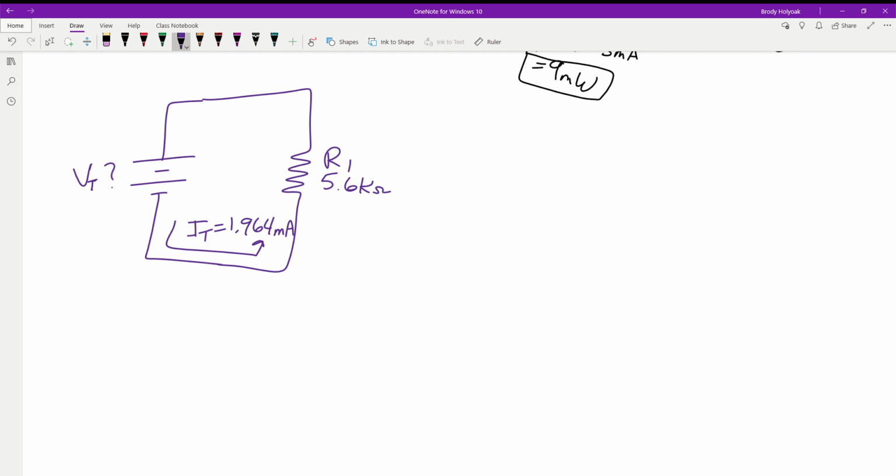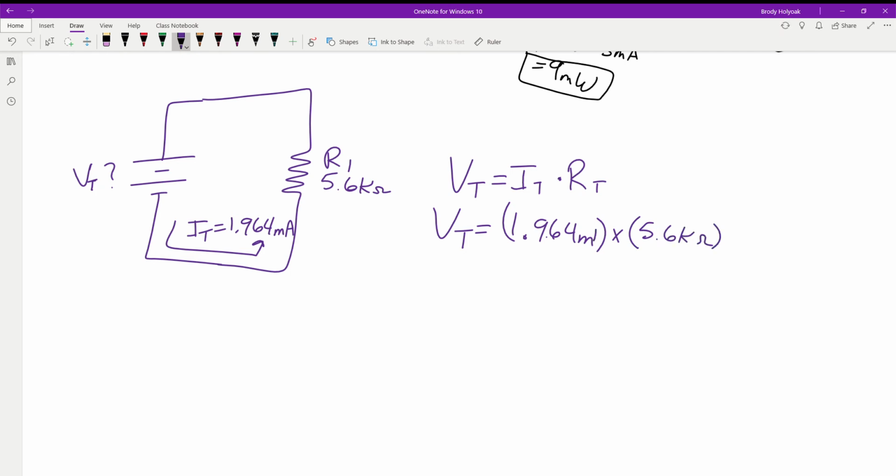So voltage is equal to current total times resistance total. And in this case, we have one component, so that is our resistance total. So voltage total is equal to 1.964 milli multiplied by 5.6 kiloohms. And then we got to double check. We have amps times ohms. So that follows with what we have here.